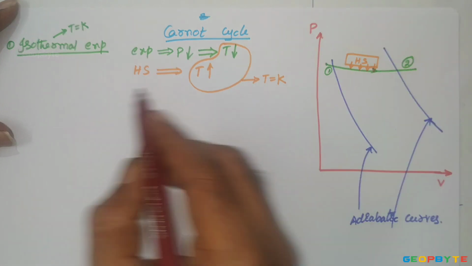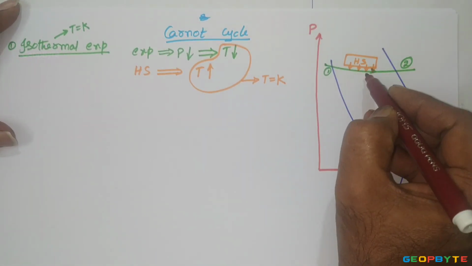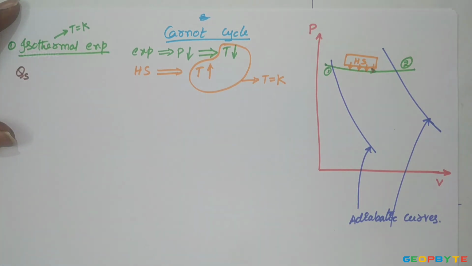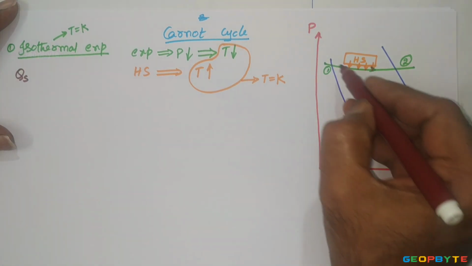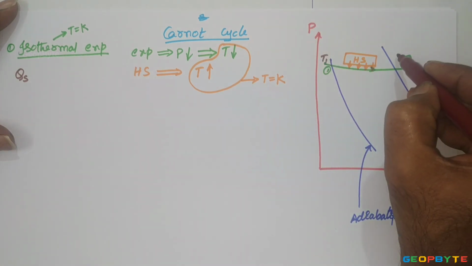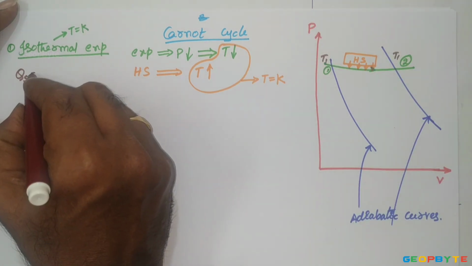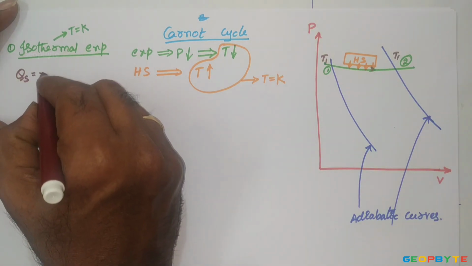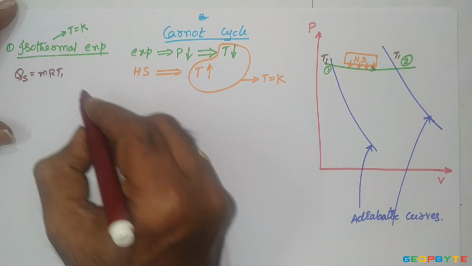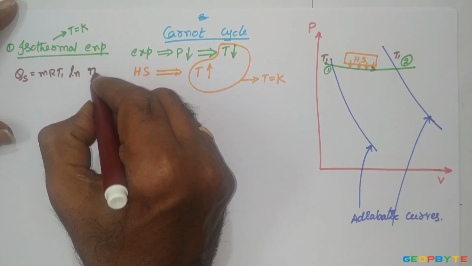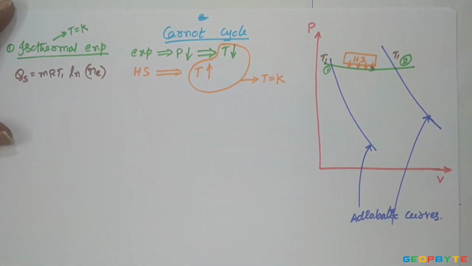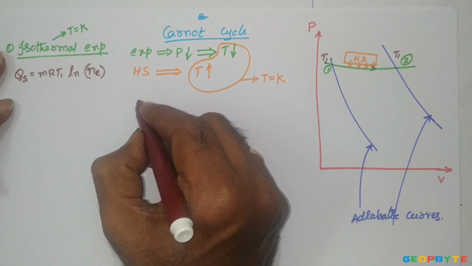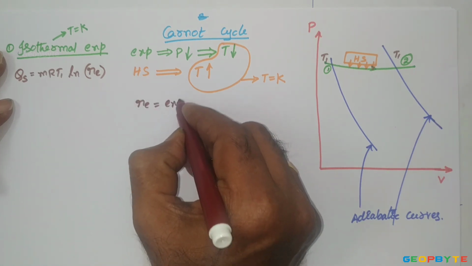The hot source gives the heat energy for the expanding gas, which is supplied to maintain constant temperature T1. Formula: the amount of heat transfer at constant temperature equals mRT1 ln Re, where Re is the expansion ratio.